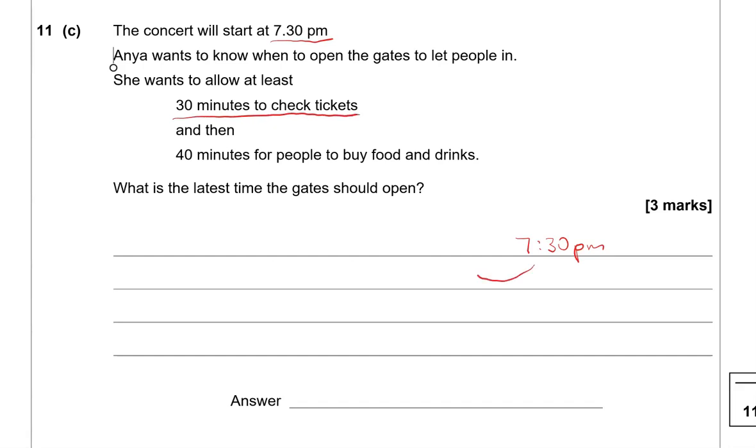So if we go back 30 minutes, that will take us to 7 p.m. If you go back 40 minutes from the 7 p.m, that will take us to 6:20, because there are 60 minutes in 1 hour, so taking away 40 leaves us with 20. So the latest time the gates should open is 6:20 p.m.